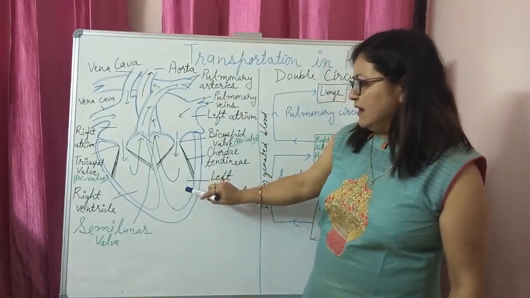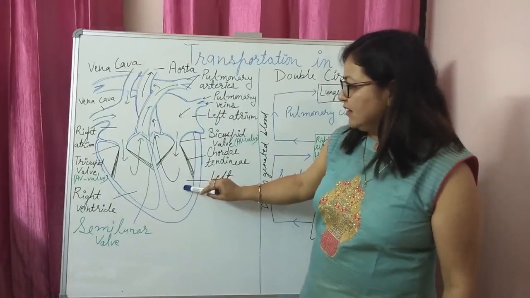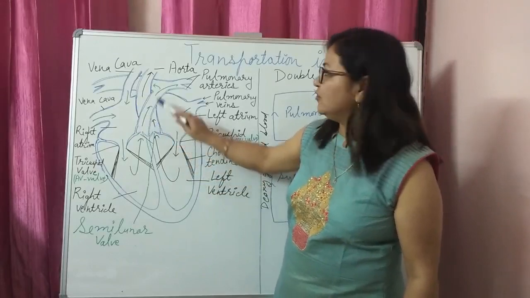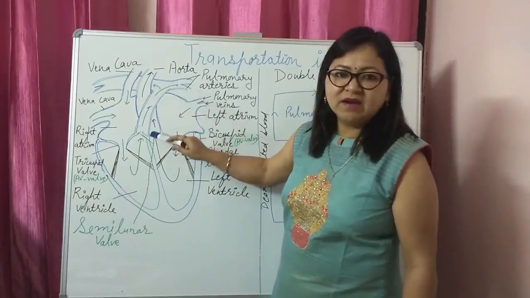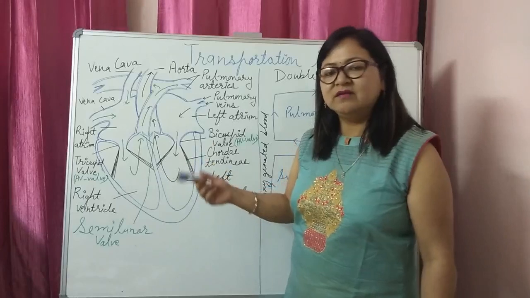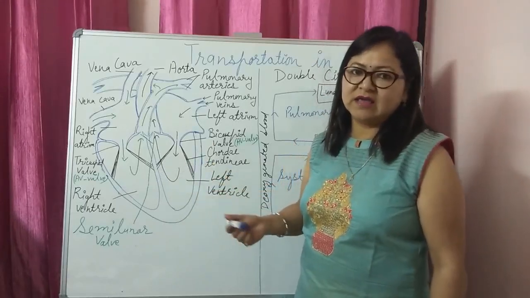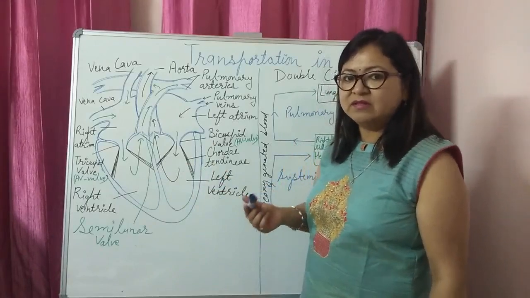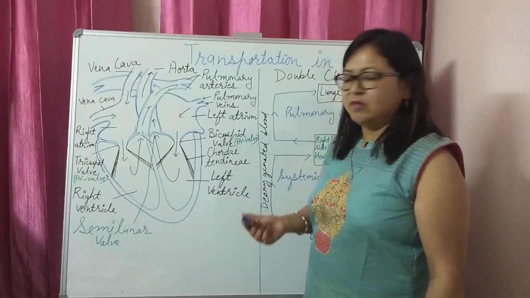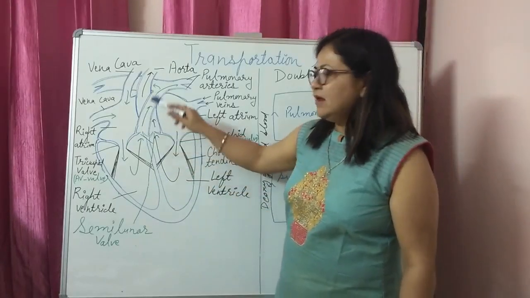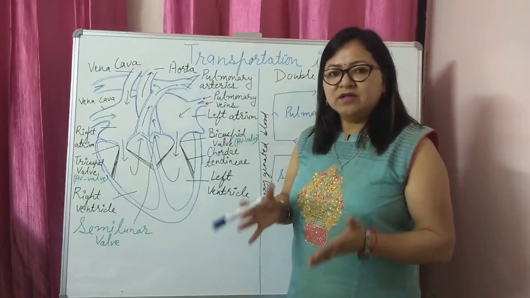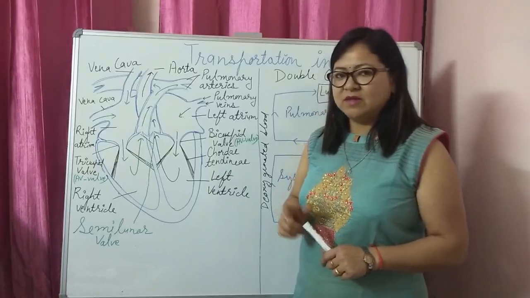On the other hand, when the left ventricle contracts, blood is pumped into the largest artery, called the aorta, which divides into arteries, then arteries divide into arterioles and capillaries and supply oxygenated blood to each and every cell of the human body. In this way, blood flows from the heart. This is a general concept about the blood flow from the heart.